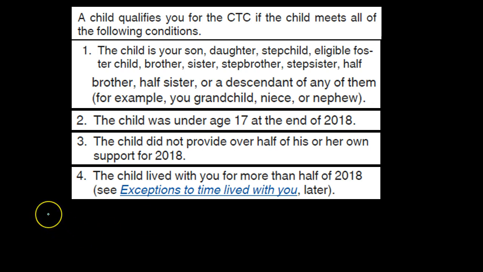If you have some unusual circumstances, then you can look at the exceptions to the rule for that particular area of living with you. If you meet conditions 1 through 3 and not the 4th condition, then you want to explore your specific conditions to see whether or not you can meet those exceptions to the rule.